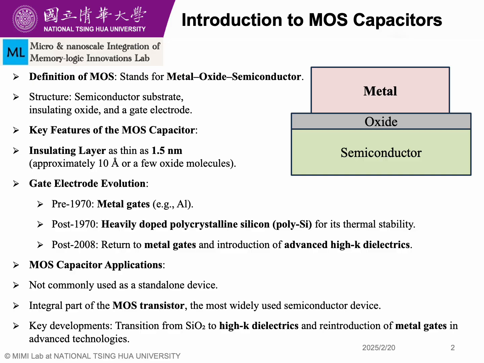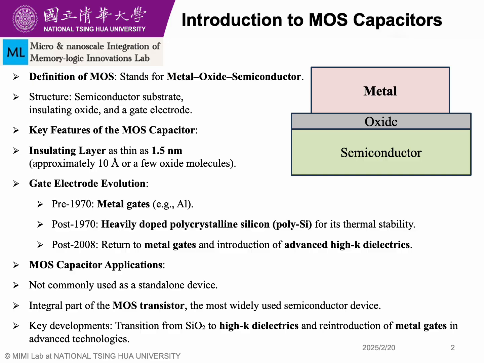So now let's look at the applications of these MOS capacitors. While they are not commonly used as standalone devices, they are integral to the functionality of the MOSFET or MOS transistors, which are the most widely used semiconductor devices in modern electronics.